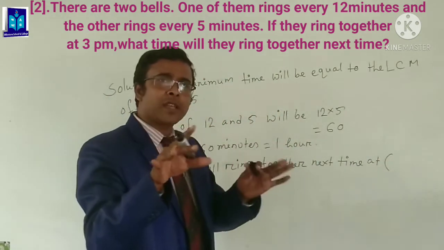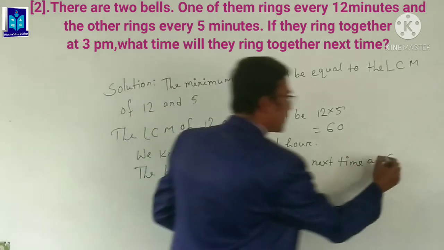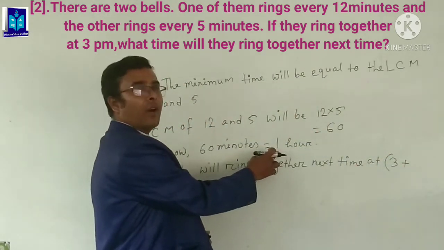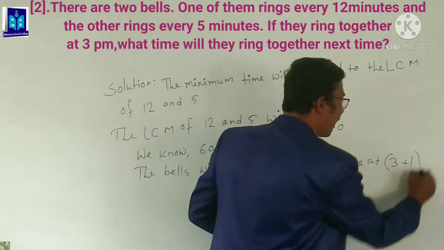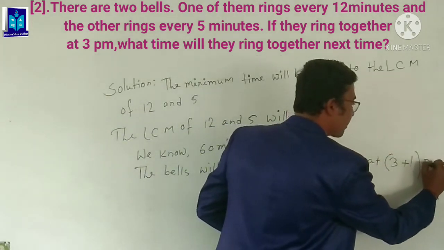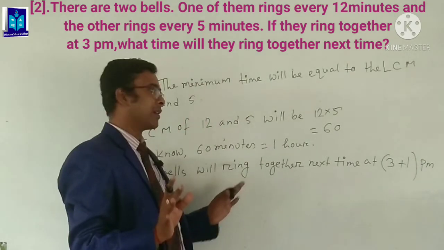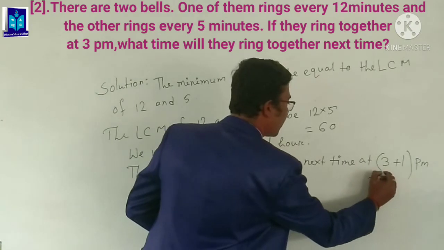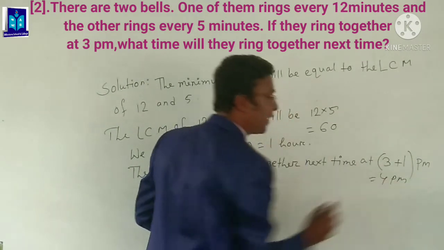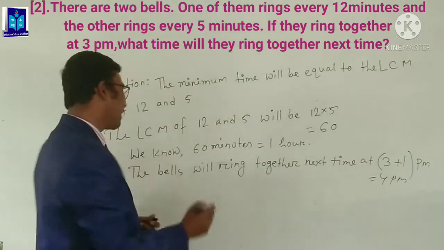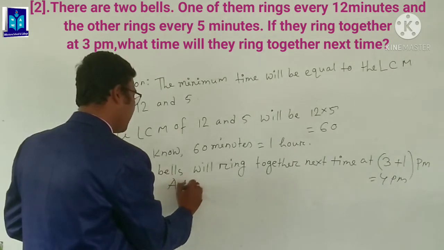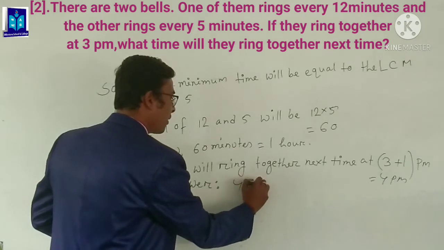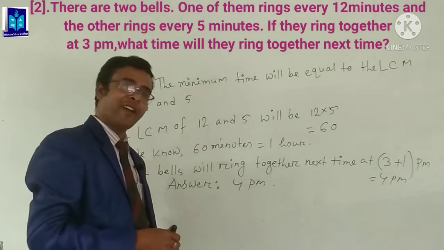At first they ring together at 3 p.m. So 3 plus we get here what? 1 hour. That means 3 plus 1 and here will be p.m. Dear students, if we add 3 plus 1 that means we get here 4 p.m. So we can write here answer like this way. Answer will be what? Answer will be 4 p.m. Okay?